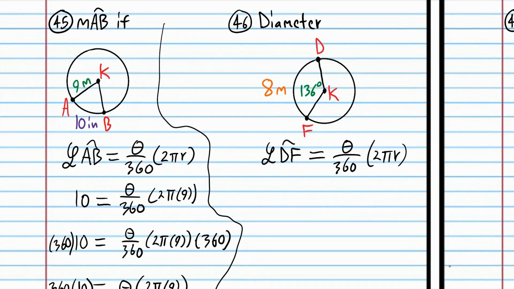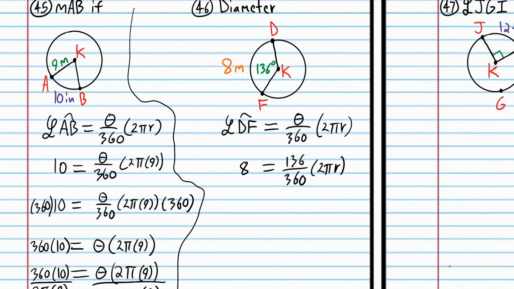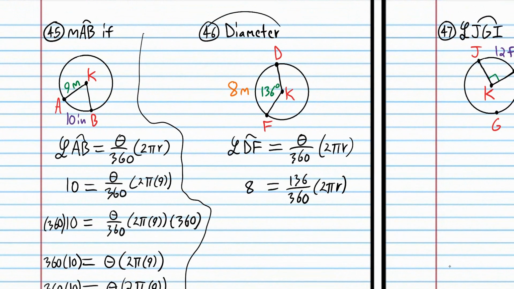So we know that the length of arc DF is 8. We don't know theta, actually no, we do know theta. It's 136. And we don't know r. We're going to find r, then once we find r, we're going to multiply it by 2 to get the diameter. That's what we're looking for.